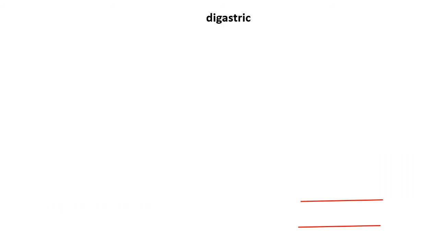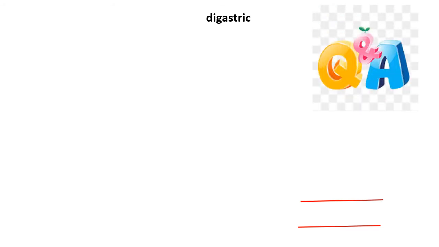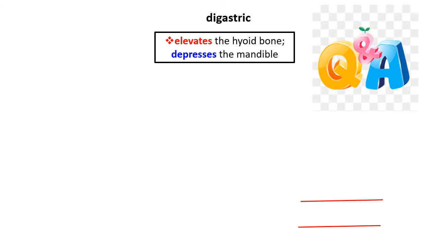Now we need to organize some basic knowledge of the digastric muscle by asking ourselves a few questions. What does it do? It elevates the hyoid bone, and at the same time it depresses the mandible.